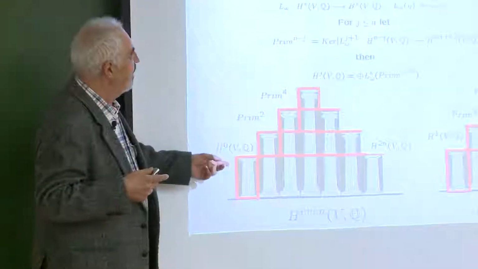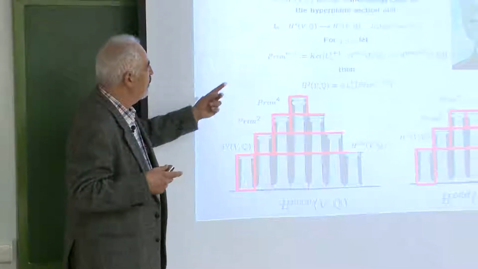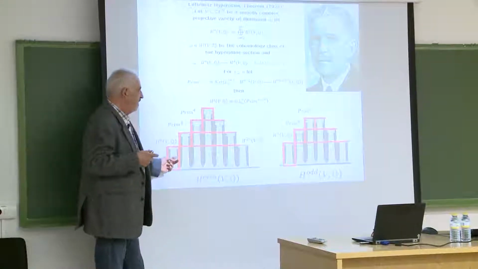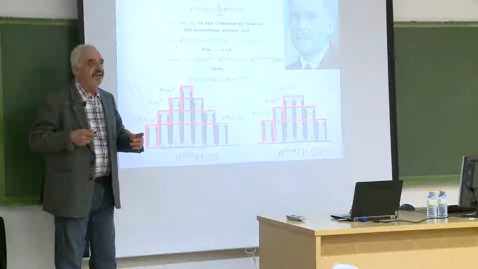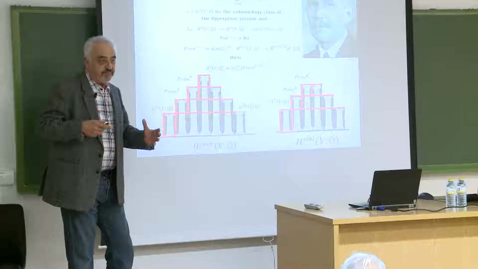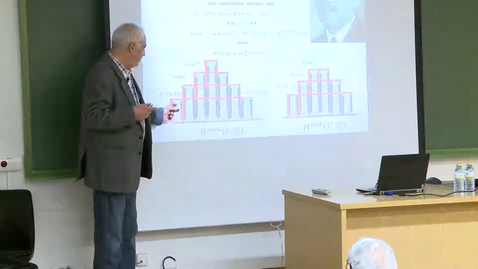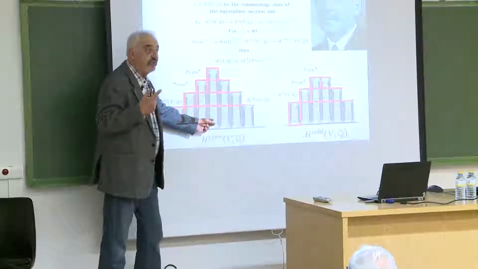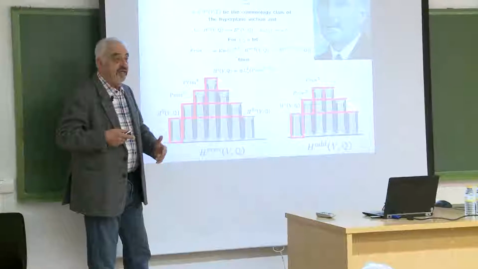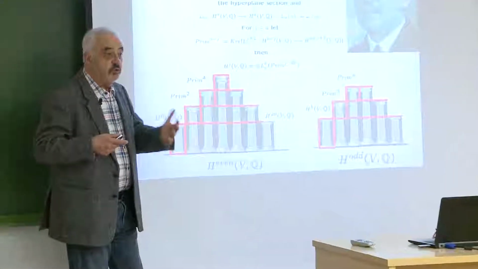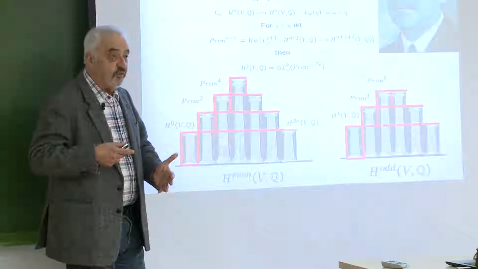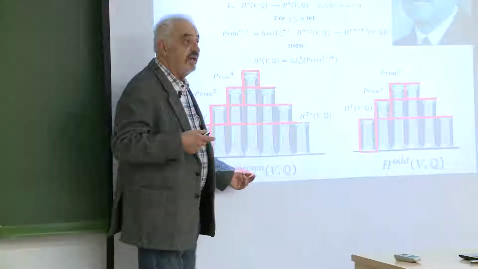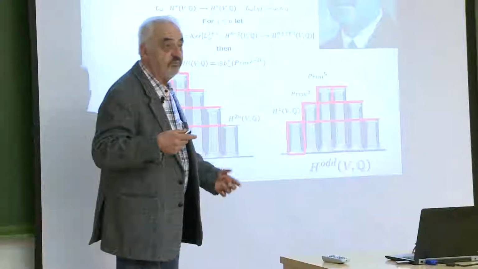Something which will appear all over the talk is the following: since omega is a 2-form, there are 2 pyramids. There are even pyramids and odd pyramids. Because when you begin with the manifold, then this is codimension 2, codimension 4, real codimension. When you cut with a hyperplane, it has real codimension 2. So when you cut a cycle with a codimension 2, you lower by codimension 2. So you have even and you have odd, and they don't mix together.